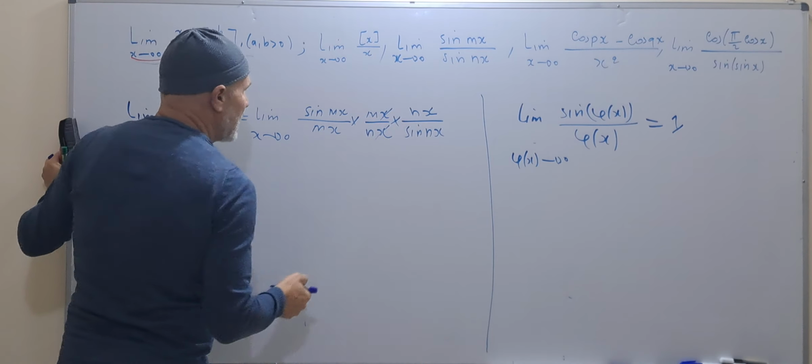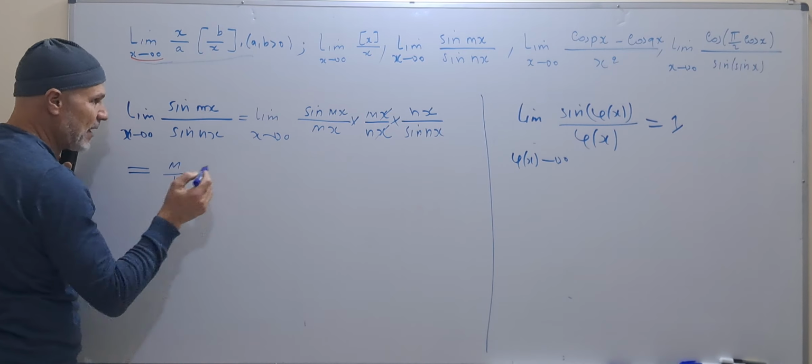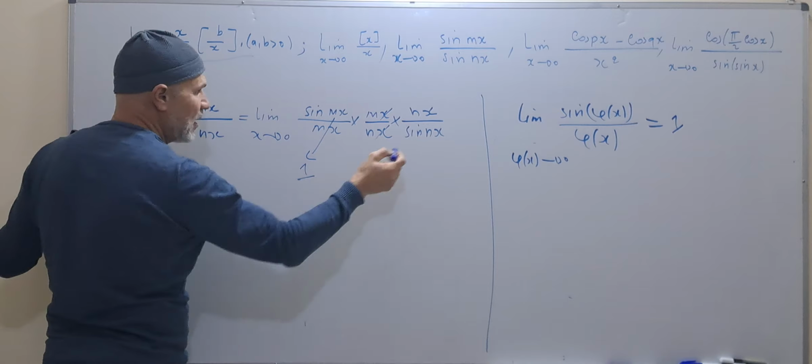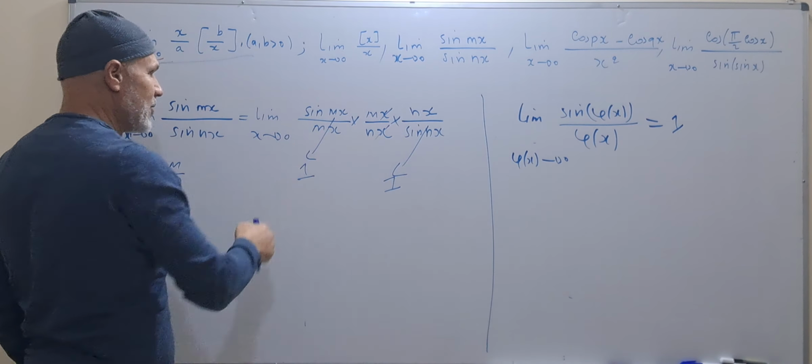We can cancel, and it goes to m divided by n. Why? Because this goes to 1 and this goes to 1 using this technique. This is the limit.